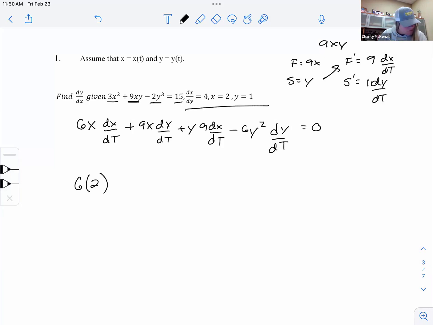Did I write one of them wrong? Nope, dx/dt is the 4. Then 9, 2, 9 dx.